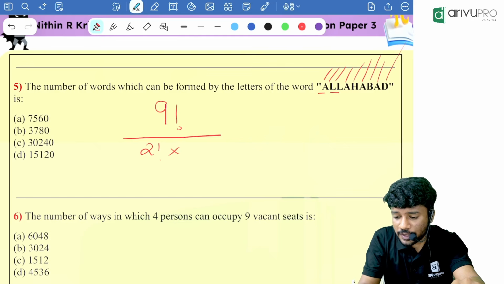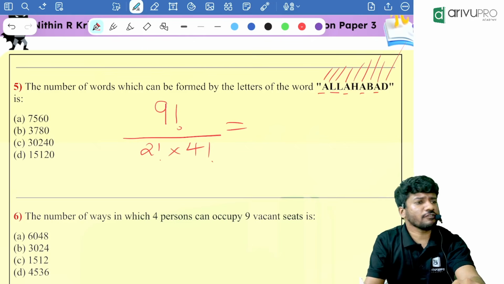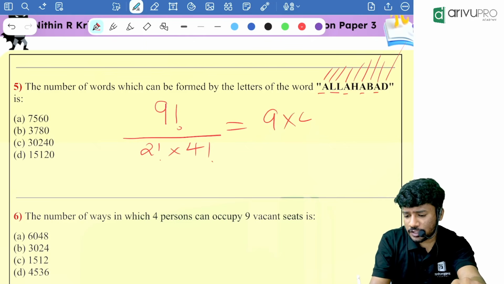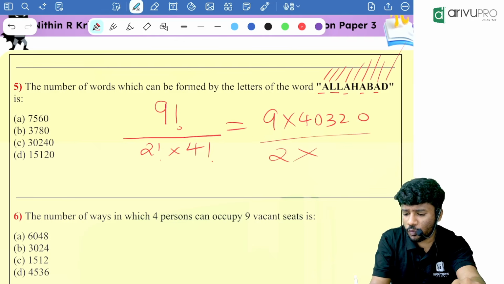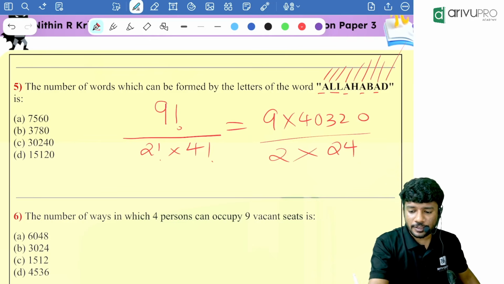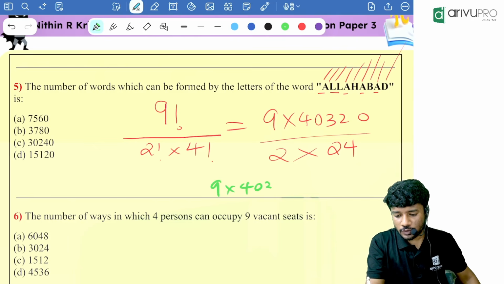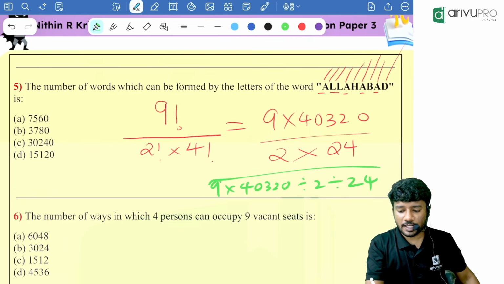A is repeated 4 times, so 4 factorial. 9 factorial is 362880, divided by 2 into 4 factorial, which is 24. In the calculator, do 9 factorial divide by 2 divide by 24. That will give you the answer.